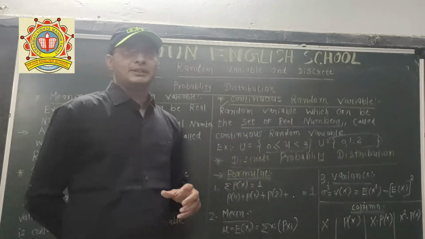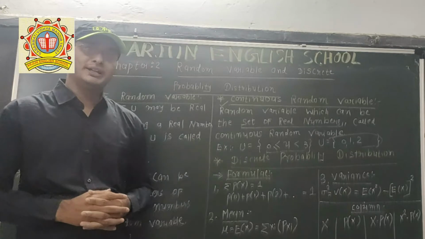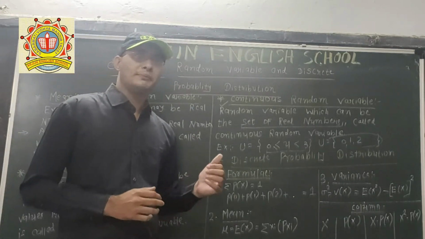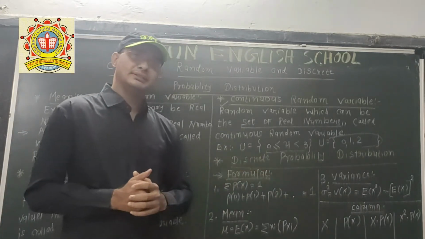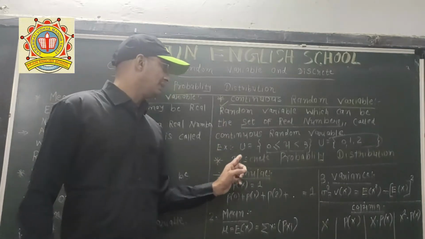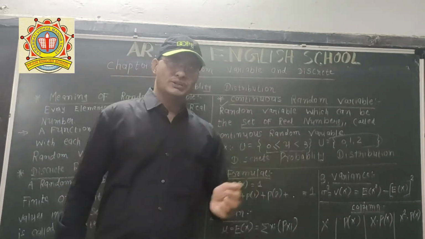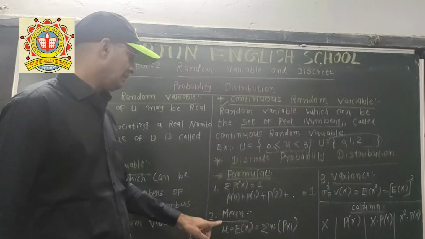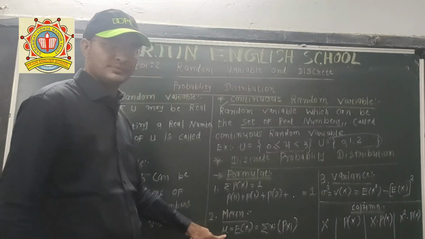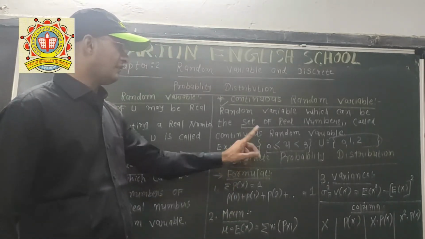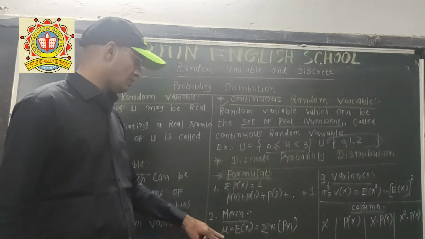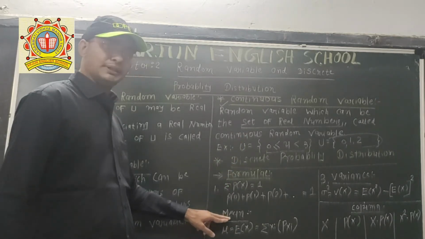Second formula. If they ask you to find the mean or variance under discrete probability distribution, then the mean we call mu. In discrete probability distribution, mu stands for mean.